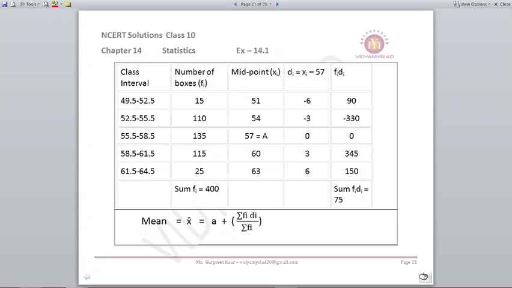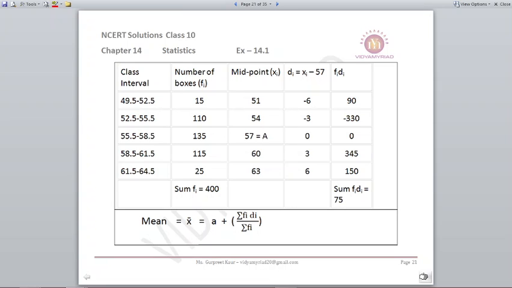After that, we will find their xi values. That will be 49.5 plus 52.5 divided by 2, which comes to 51. For the next, it will be 54, 57, 60 and 63. Since 57 is the middle number, we can choose it as our A or assumed mean.